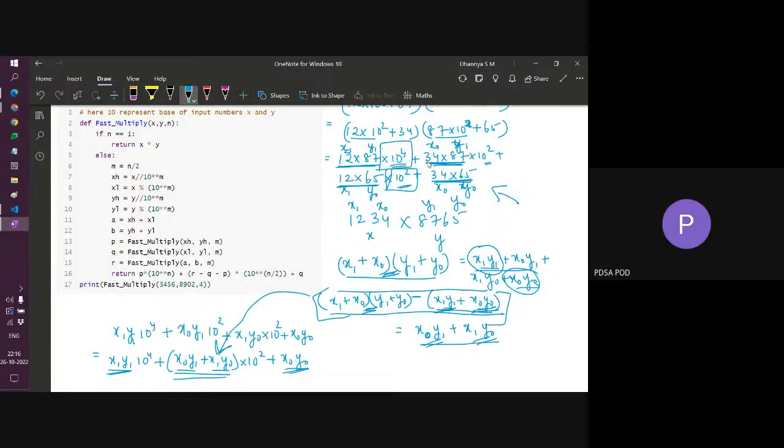So you do 1 multiplication for this, 1 for this, and 1 for this. So eventually you are reducing the number of multiplications from 4 to 3. Is this clear?